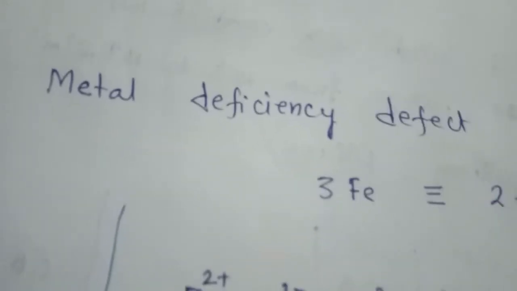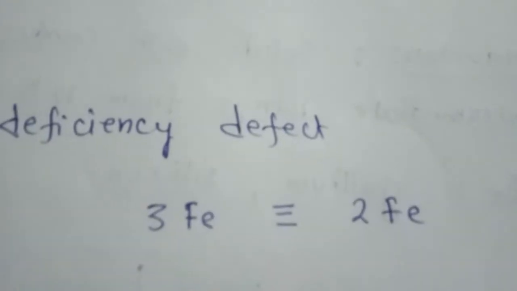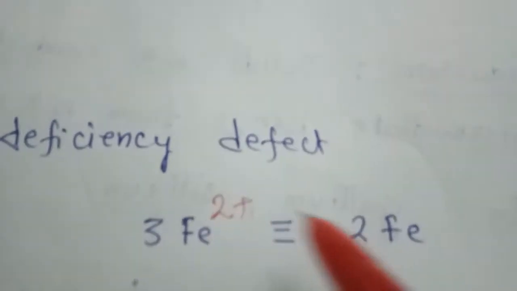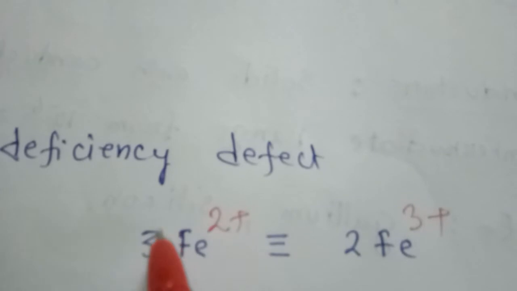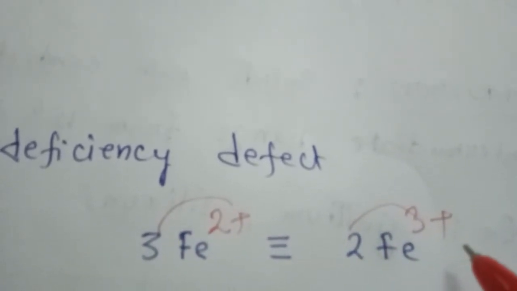Then we come to the next topic. This is the metal deficiency defect. Before going to this, I want to tell you that 3Fe²⁺ is equivalent to 2Fe³⁺. How? 6 positive charges in both cases, with respect to charge.